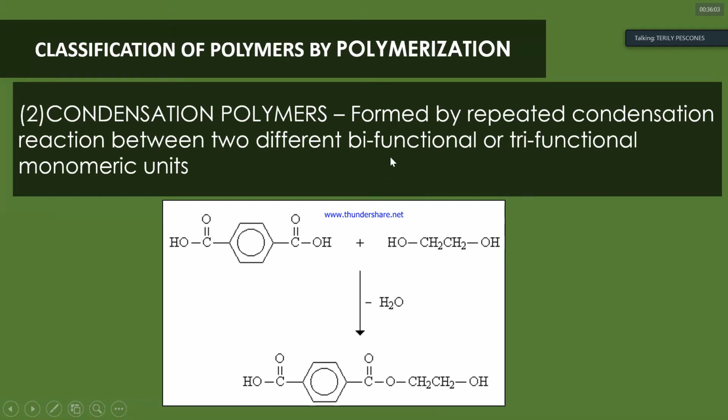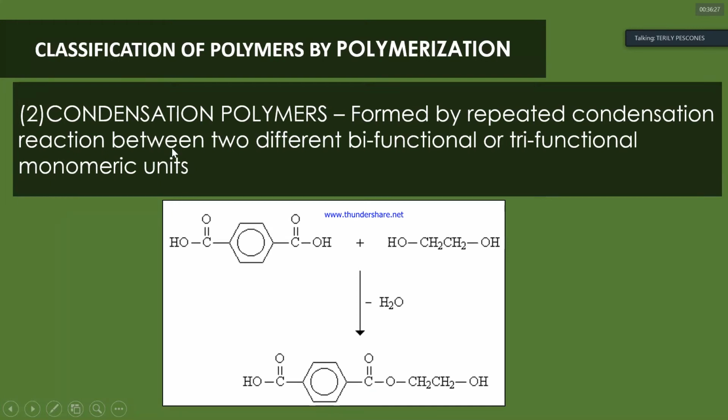Condensation polymers are formed by repeated condensation between two different bifunctional or trifunctional monomers. So this is what we mentioned earlier, the COOH, the two functional groups are at opposite ends, the extreme ends.